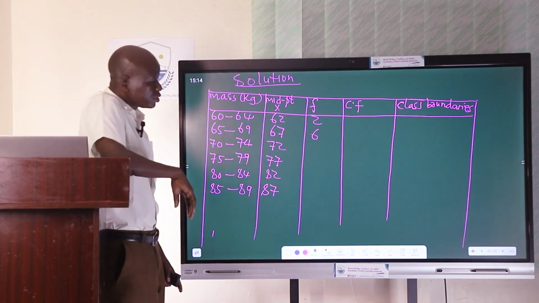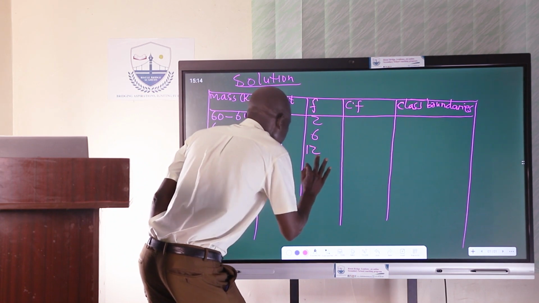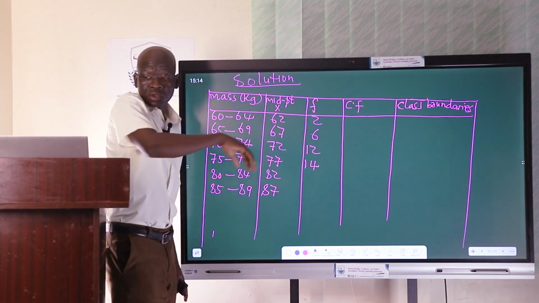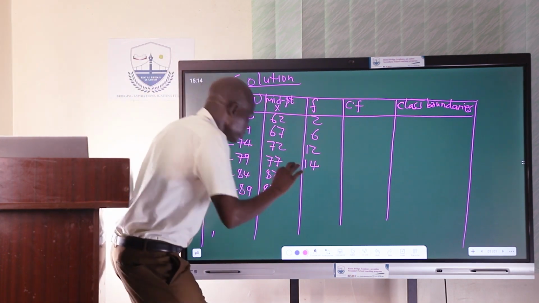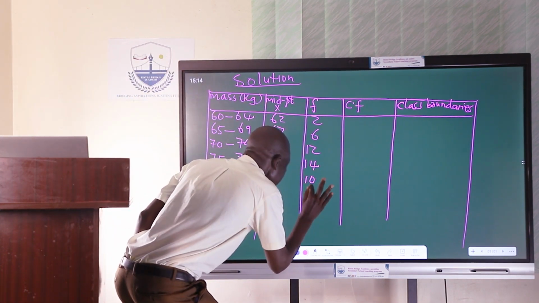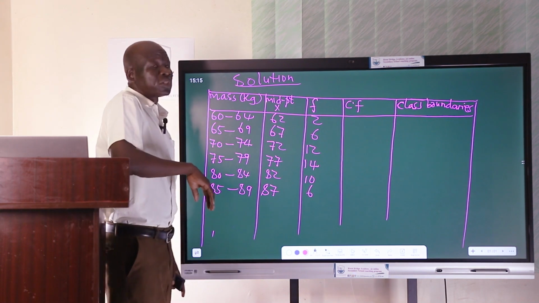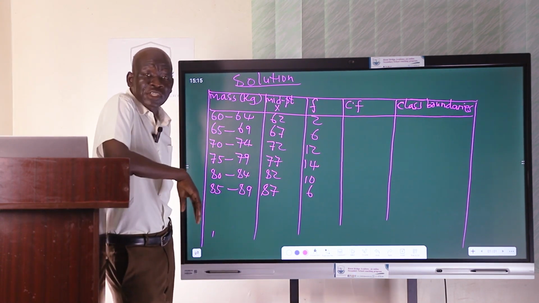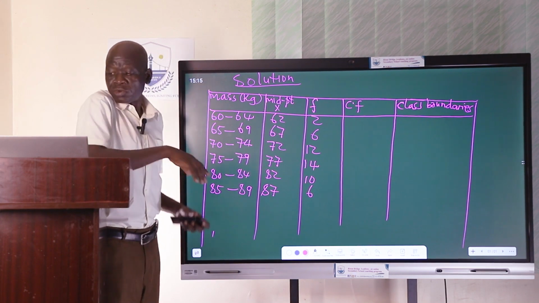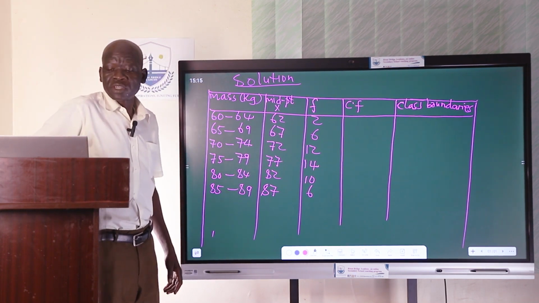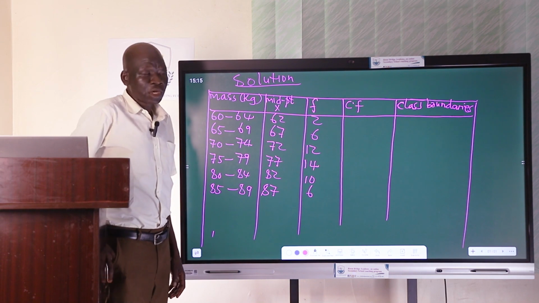Then 12, 14. We have 10 and 6. 10 and then lastly 6. These values of frequency are going to help us obtain what we call the cumulative frequency values.